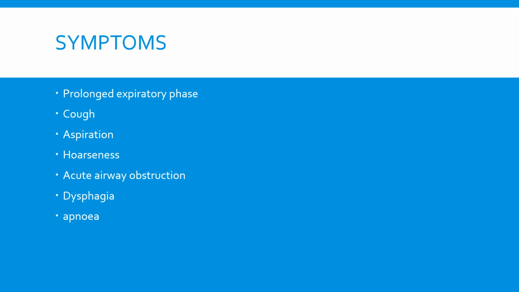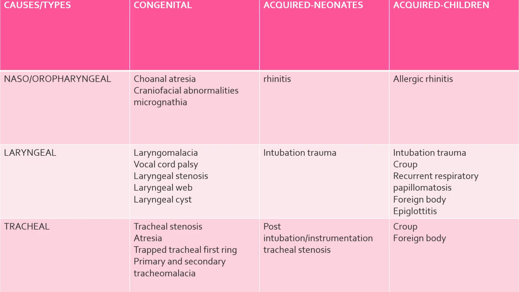The symptoms associated with varying causes of airway obstruction are prolonged expiratory phase, cough, aspiration, hoarseness of voice, acute airway obstruction, dysphagia and apnea.